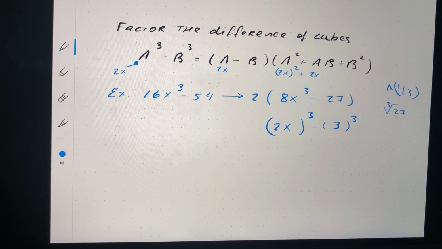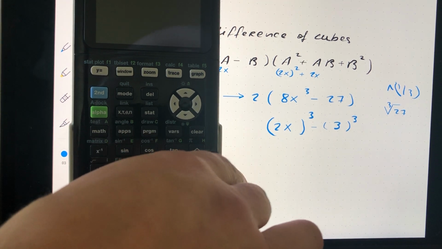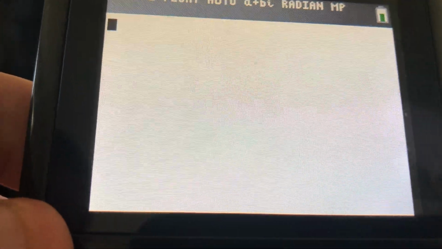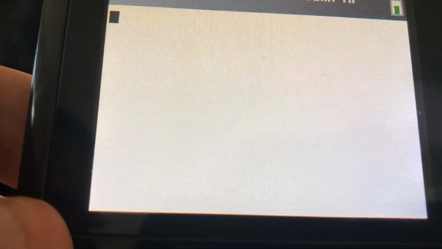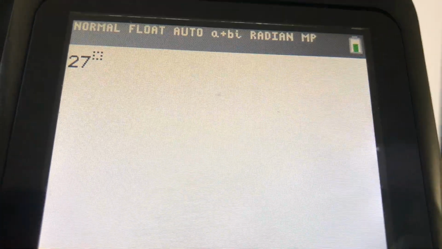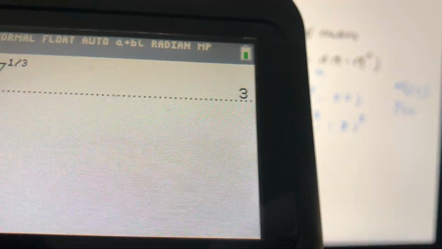So if we take the calculator and type in 27 to the power 1/3, that makes 3. So that's a cube root.